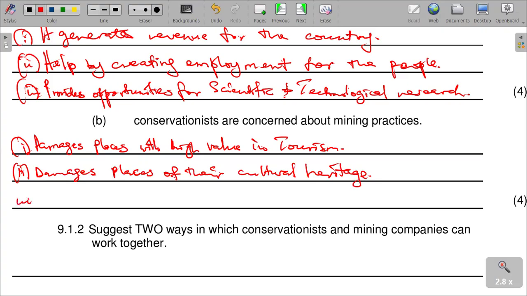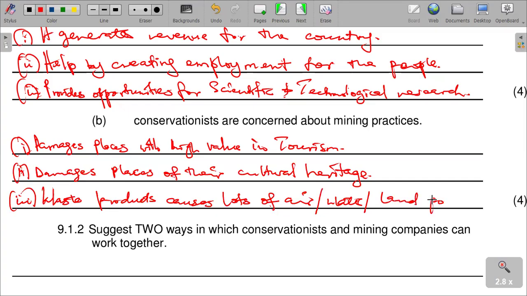We can also talk about waste products, which cause lots of air, water, and land pollution. There are quite a few concerns that we can talk about.